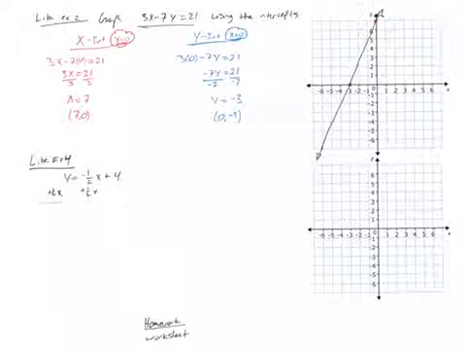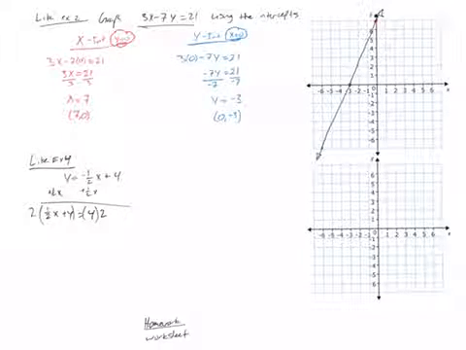So I'm going to have 1/2 x plus y is equal to 4. And I'm not too big on fractions, so I'm going to multiply both sides of this equation by 2. So 1/2 times 2 is just 1, so I'm going to have x plus 2 times y, which gives me 2y, and 2 times 4 gives me 8.